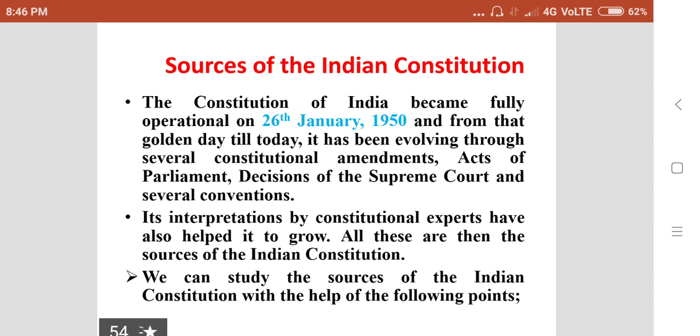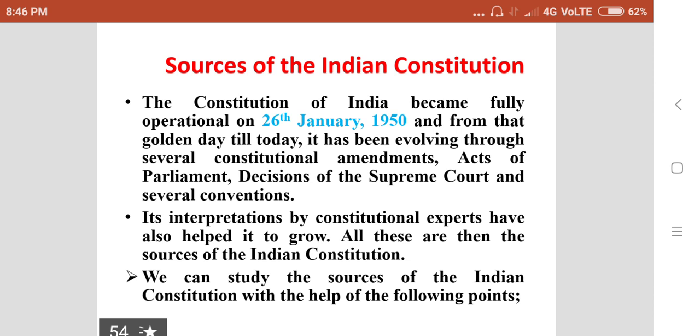So, before going to the subject matter, we should know something about 26th January 1950. Why? The new Constitution of India started to operate from 26th January 1950.